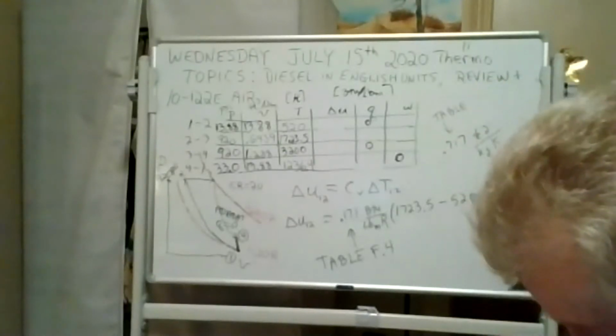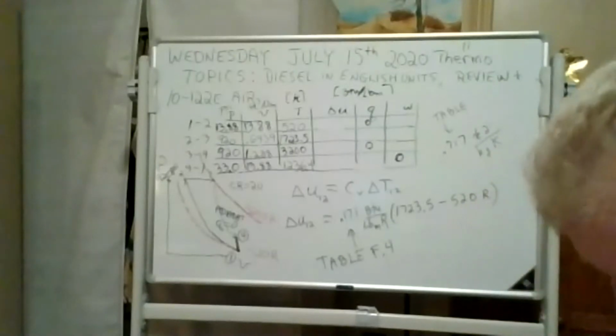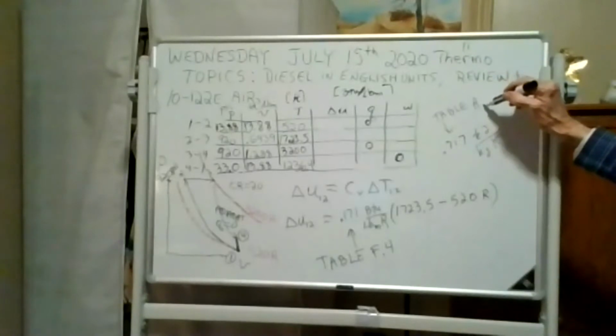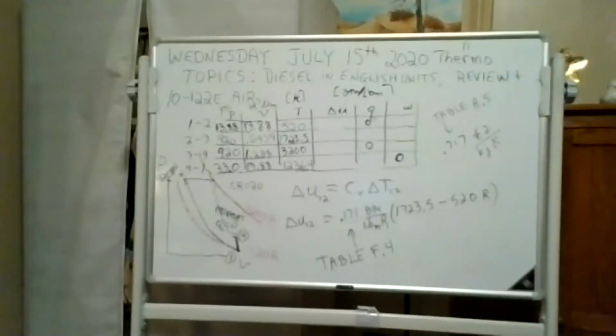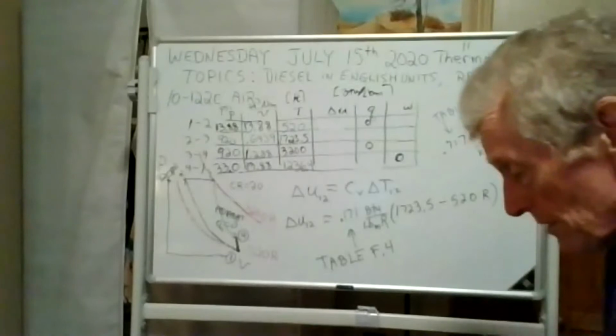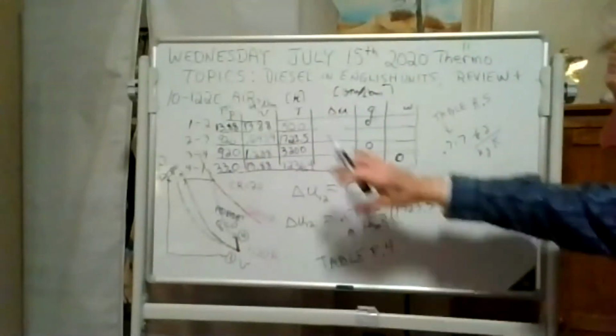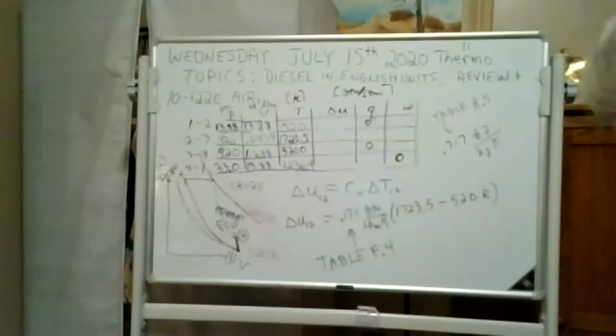That's found on table A.5. Okay, well, great. Now we can get the right answer. So here goes. It helps to have the right numbers.